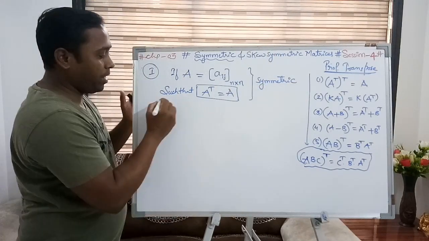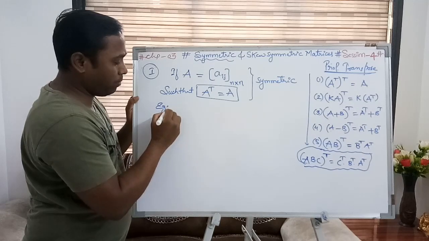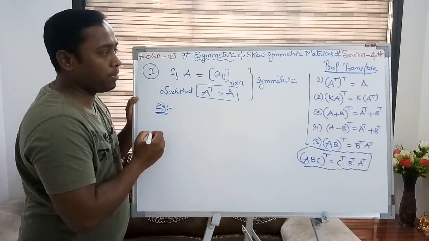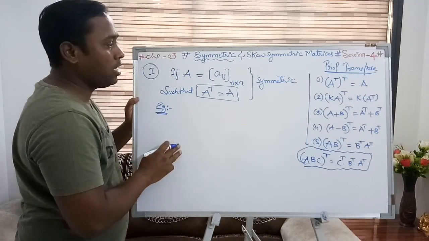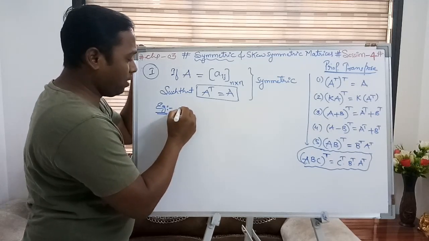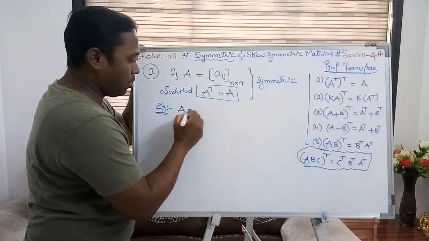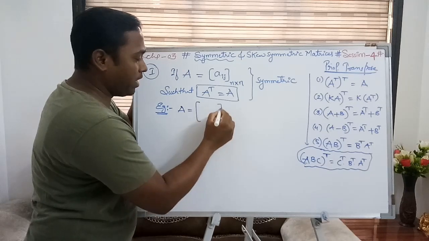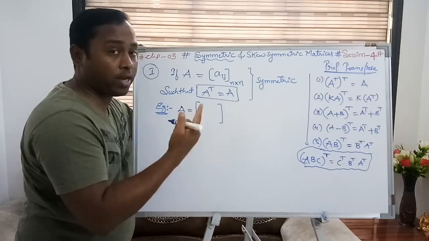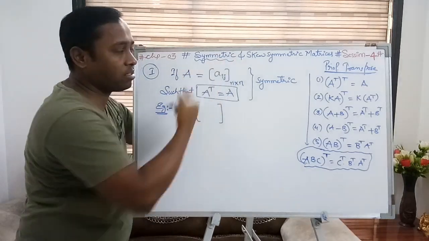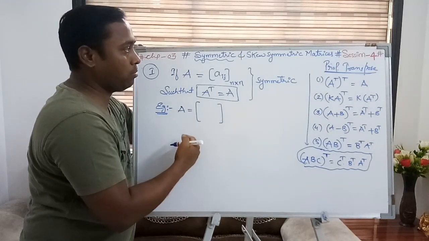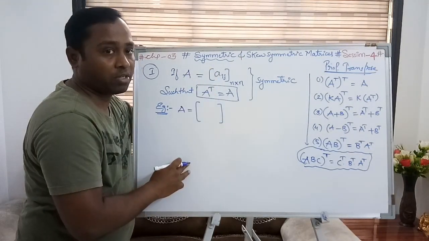Are you getting it? So I am taking one example of how it can be possible. I am giving a first example for a symmetric matrix. I need to take a square matrix only to define symmetric and skew symmetric.